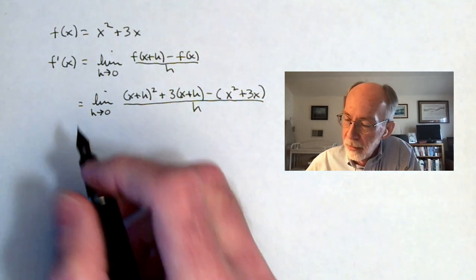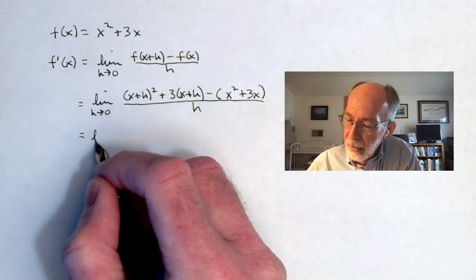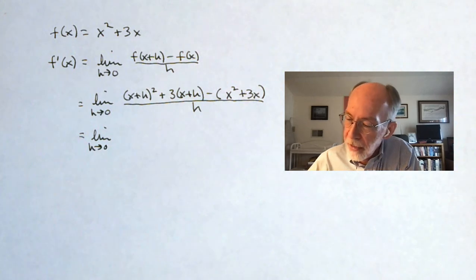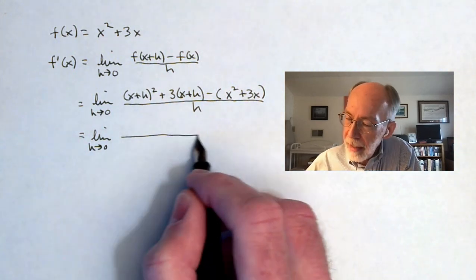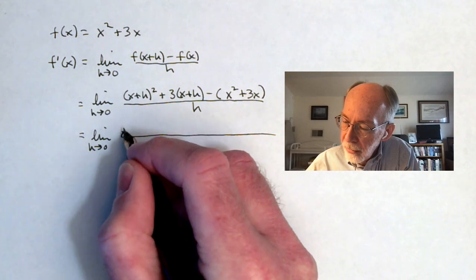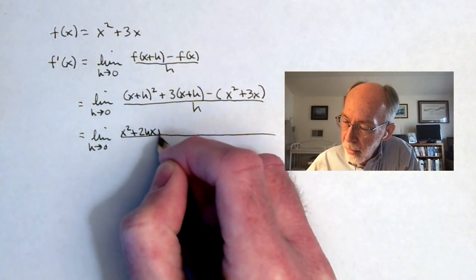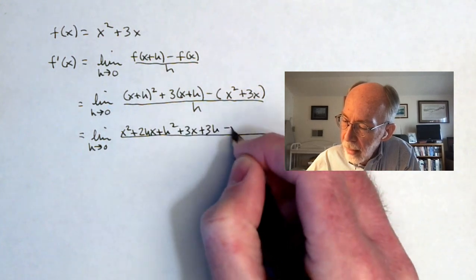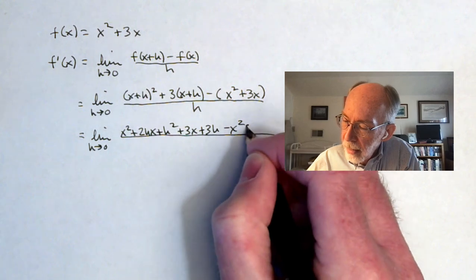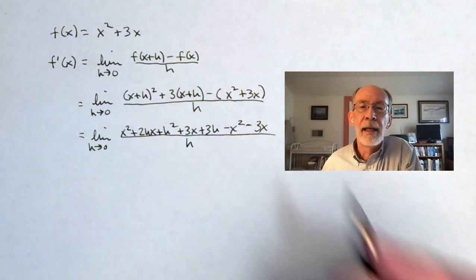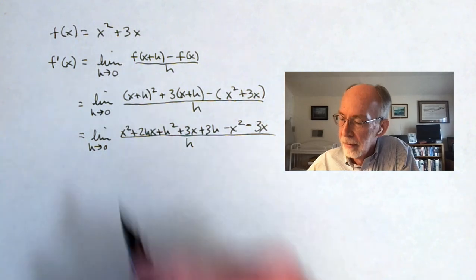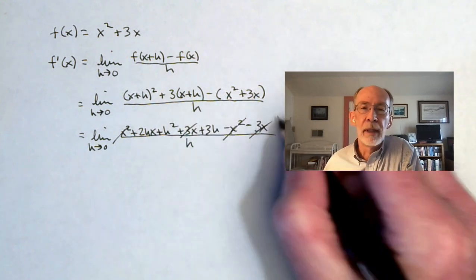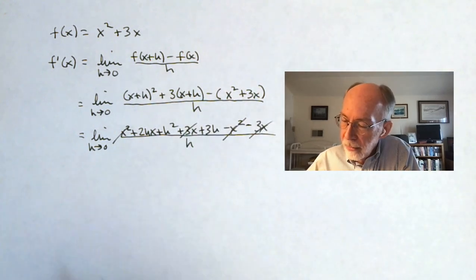And so this will be a situation where we'll have to do some algebra and hope that we can get out of the 0 over 0 position. So I'll expand everything. This is x squared plus 2hx plus h squared plus 3x plus 3h minus x squared minus 3x, all over h. And some terms add to 0, so we can get them out of our way and see if that does us any good.